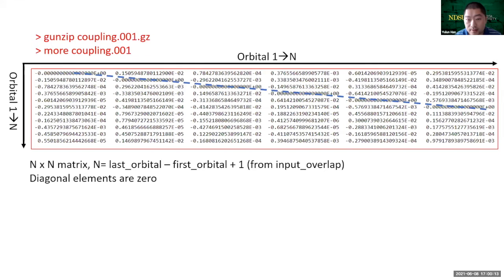And finally, this is what coupling looks like. I guess Amir and Jabed have already talked about it. Basically, the coupling is just an n by n square matrix. The diagonal elements are 0. I guess that's it. Any questions?